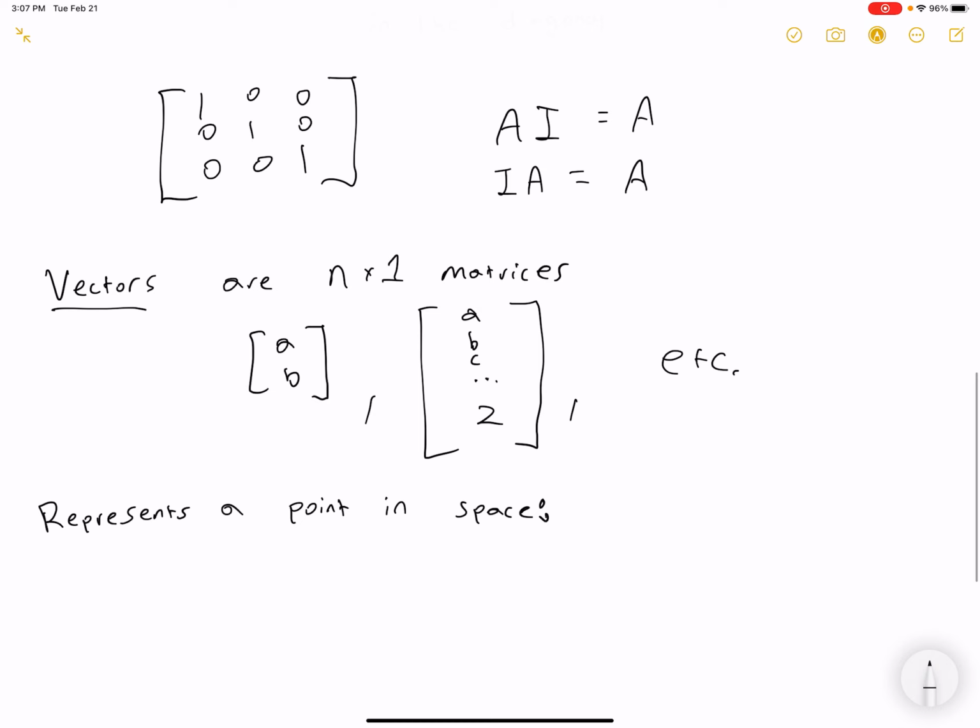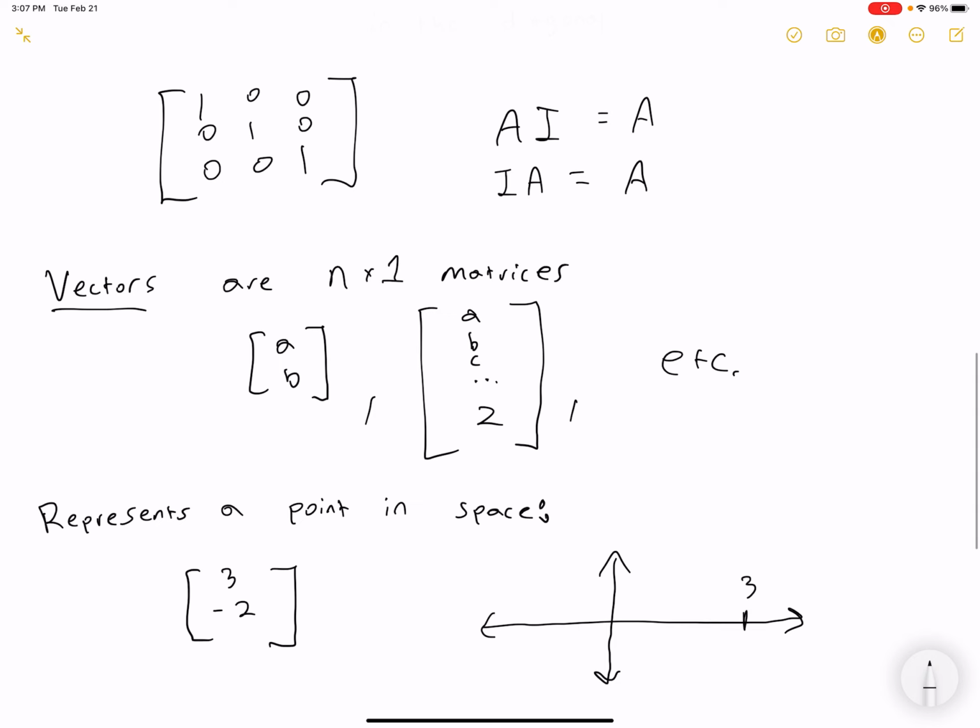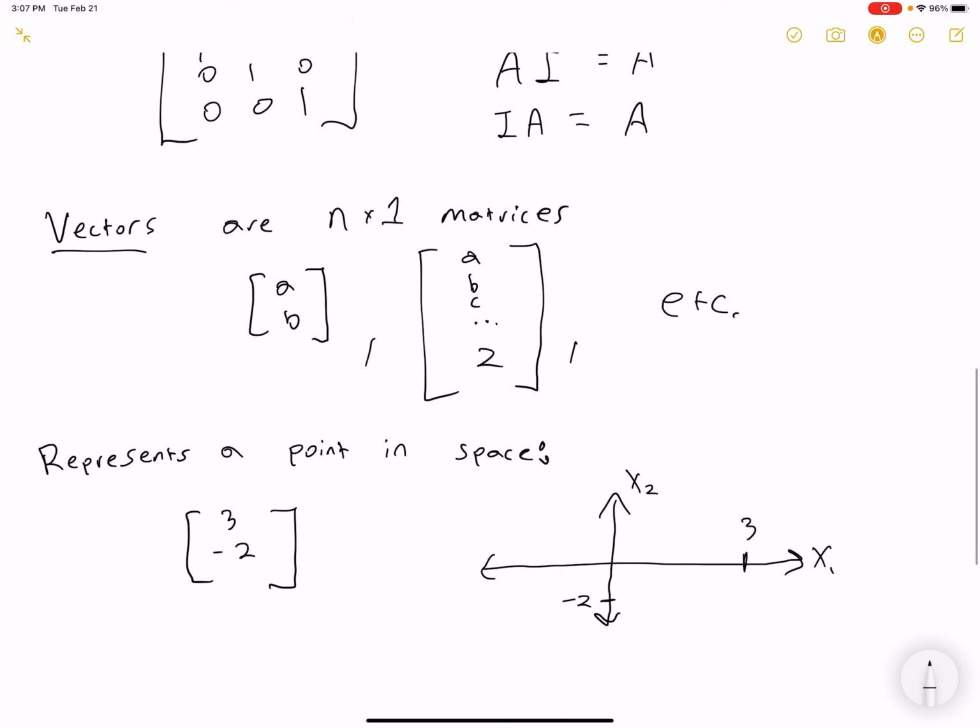So for example, the vector 3, -2 would represent, if we drew a coordinate system with 3 on the x-axis and -2 on the y-axis, but we'll label it x1 and x2 because it's the first dimension of x and the second dimension of x.